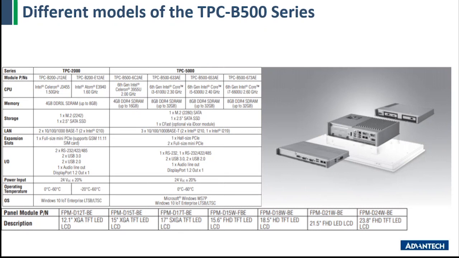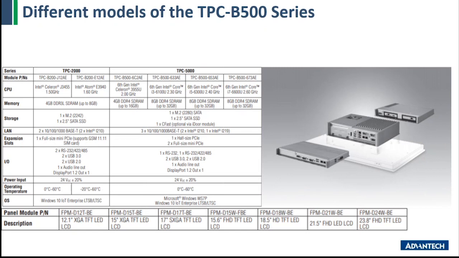I think that will probably be out in a year or two. But it's great to know that, since the generation changes every 2 years, you can set yourself up going forward with a TPC B500 unit with a 6th gen, let's say, i5 unit, which will probably last you about 5 to 6 years.